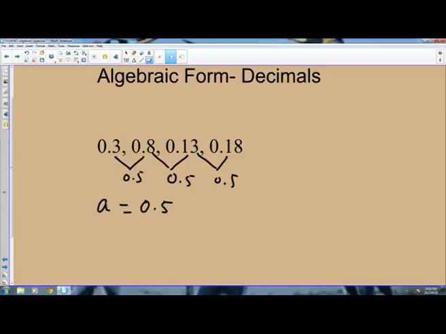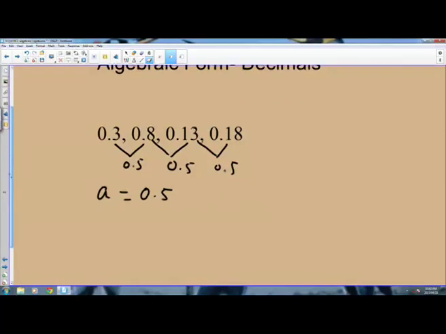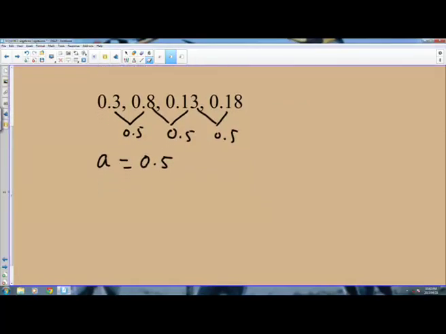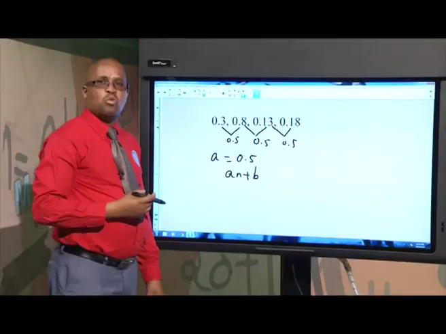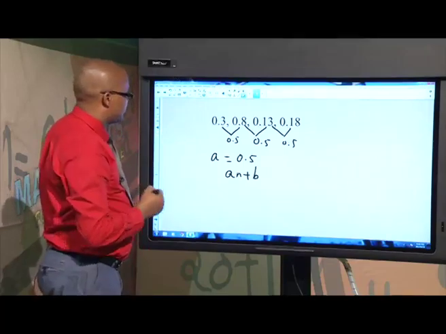And then remember, the question is, you are to come out with an algebraic form for this sequence. The algebraic form for this sequence takes the form AN plus B, because our A is a constant, 0.5. Now, how will we find B?